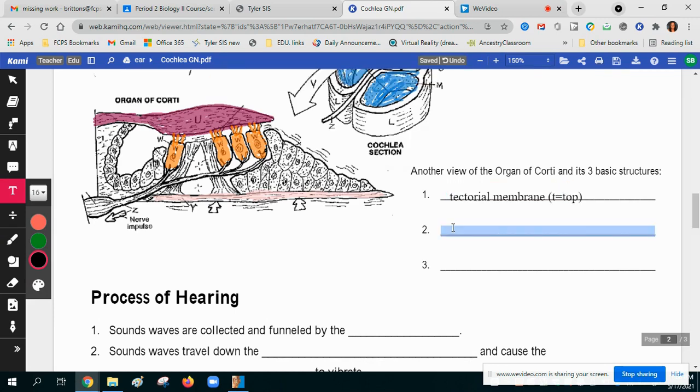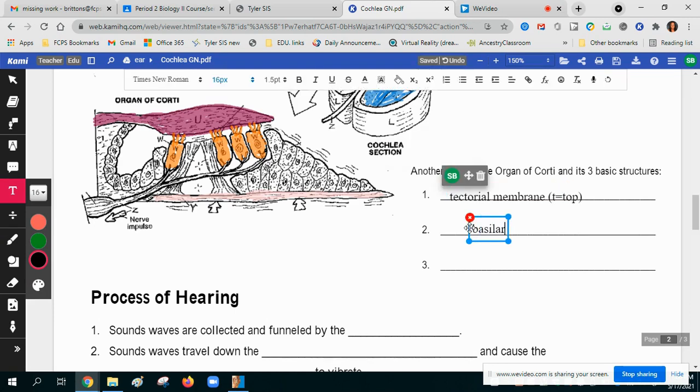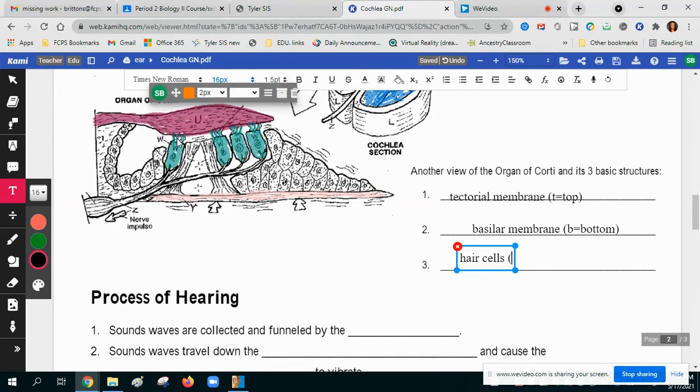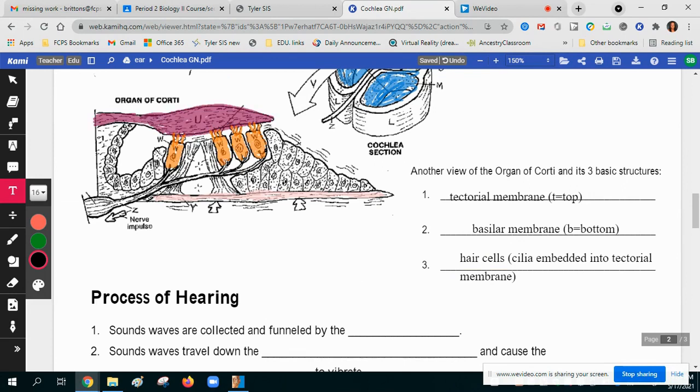The pink is the basilar membrane, B for bottom. And the hair cells are between them. Remember, not real hair. And the cilia of the hair cells, we can see right here, is embedded into the tectorial membrane. So collectively, these 3 parts, tectorial membrane, hair cells, basilar membrane, make up the organ of Corti.